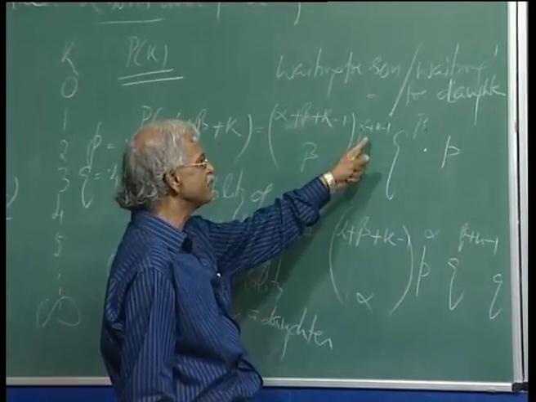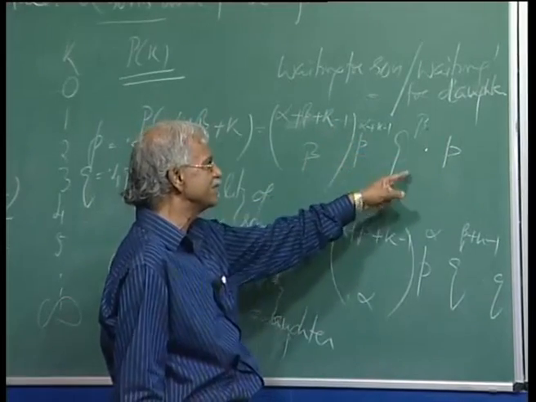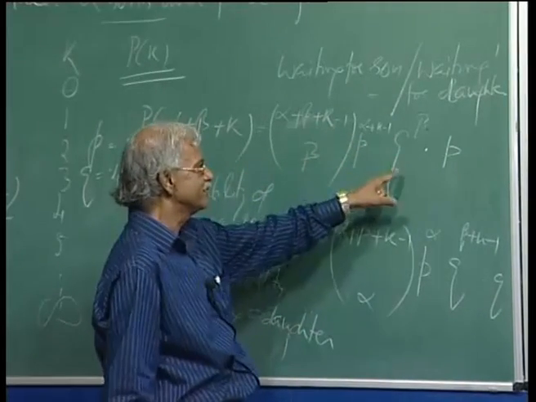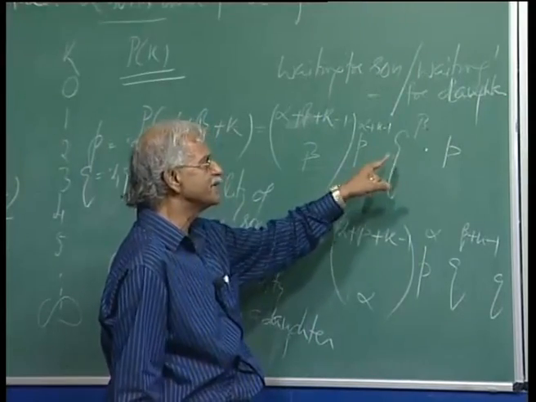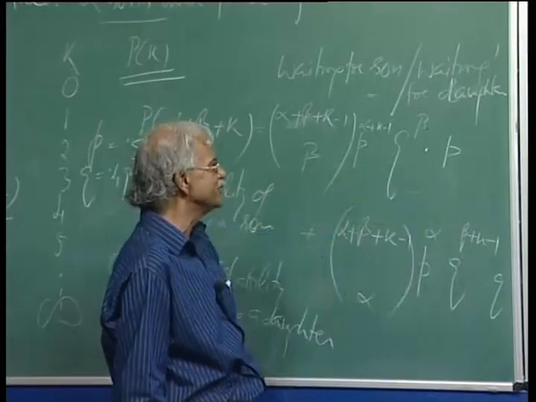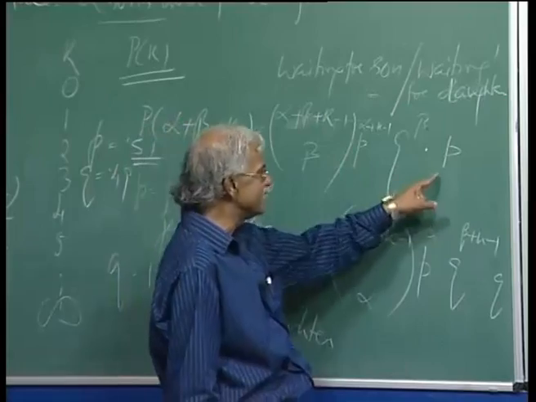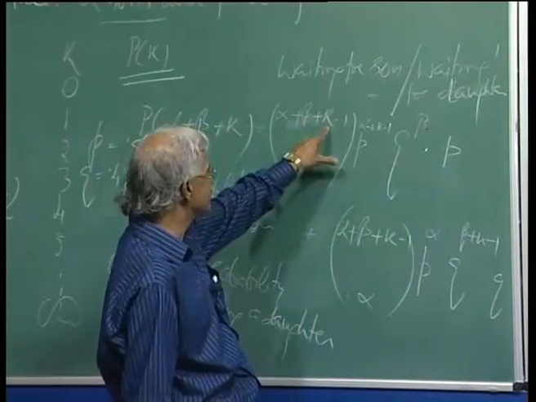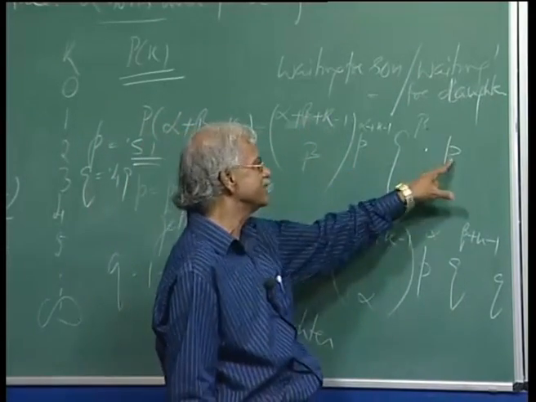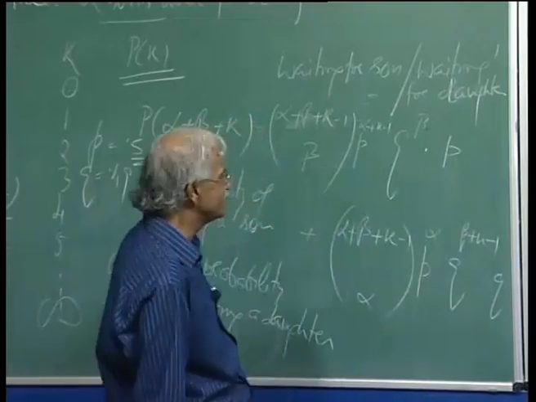So, p raised to power alpha plus k minus 1 and q raised to power beta, because q raised to power beta means q into q into q into q, beta times. And now, finally, in the alpha plus beta plus kth case, they get a son. So, this probability gets multiplied by p.